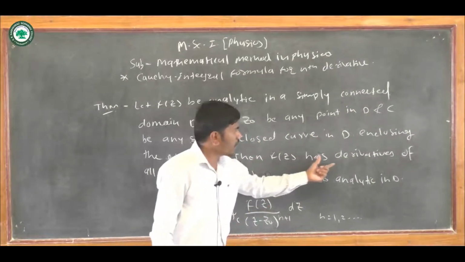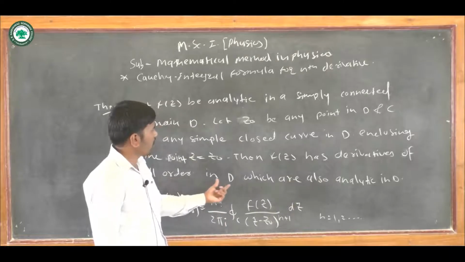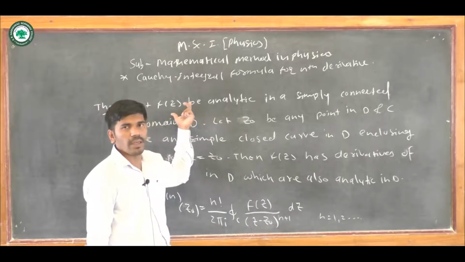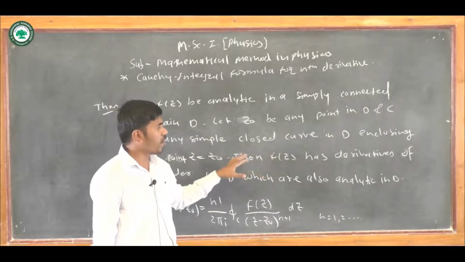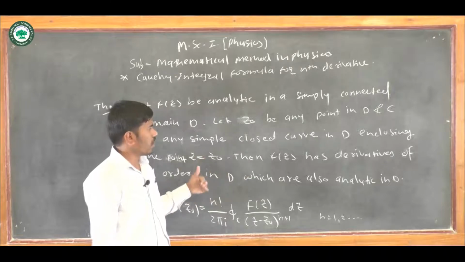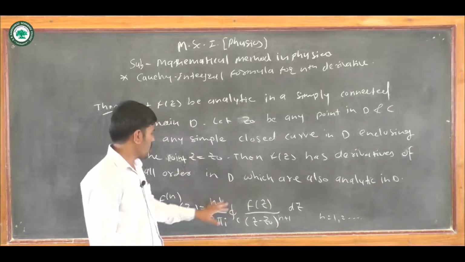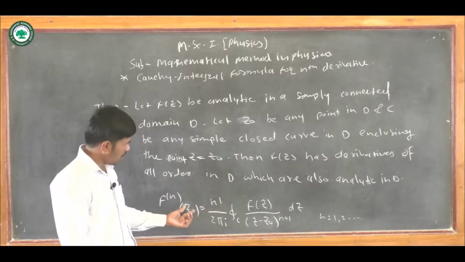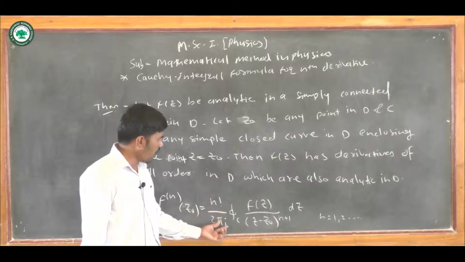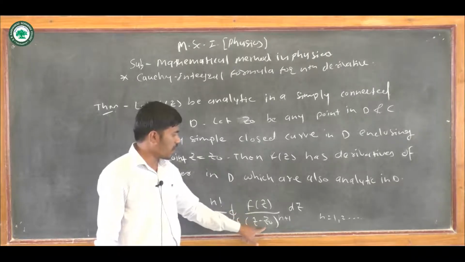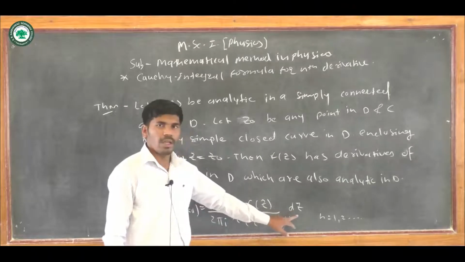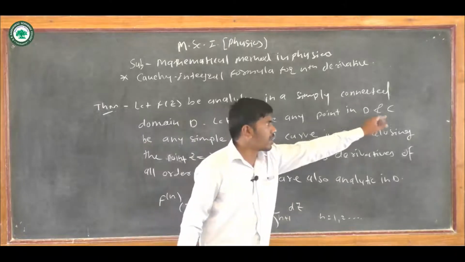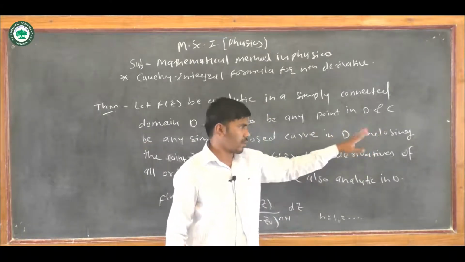If f(z) is analytic and z naught is enclosed by the closed loop curve C, then f(z) has derivatives of all orders in D, which are also analytic in D. Then we can write the expression like this: f^(n)(z naught) is equal to n factorial by 2 pi i, closed integral over C of f(z) divided by (z minus z naught) to the power n plus 1 dz, for n equal to 1, 2, and so on. And this C is traversed in the anti-clockwise direction.